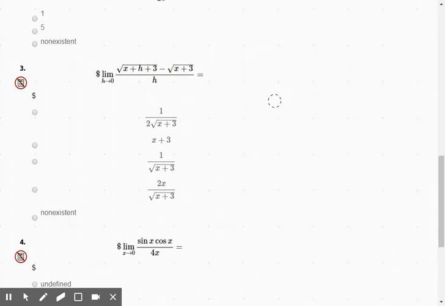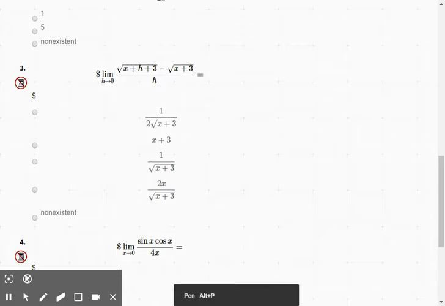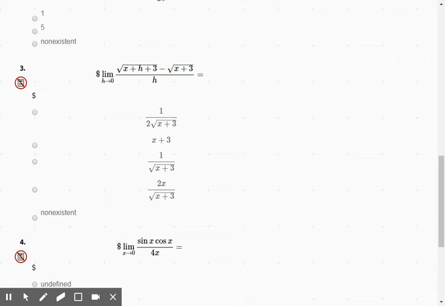Okay, number 3. Let me go back to this pen. All right, so this is the one where we multiply by the conjugate. All right, so kind of a lengthy conjugate here.